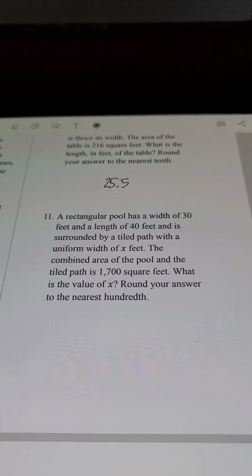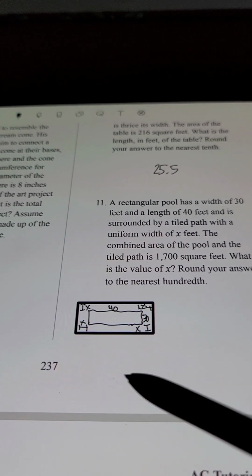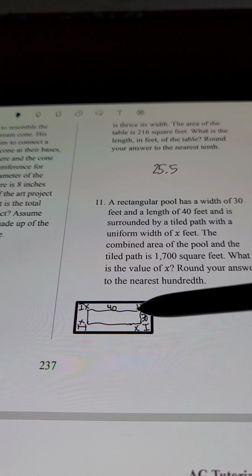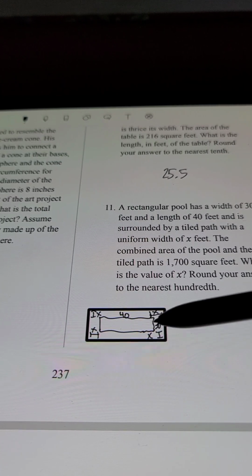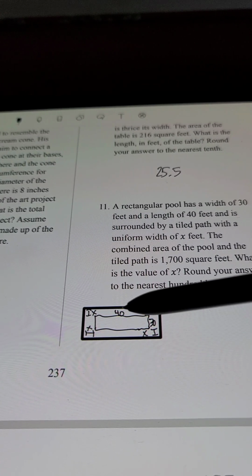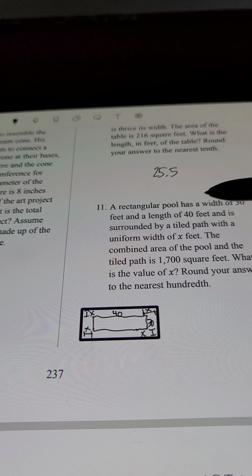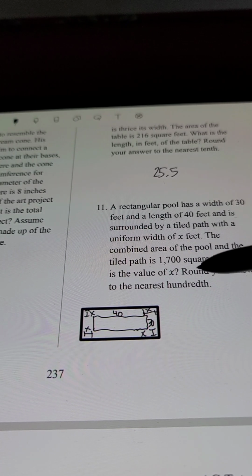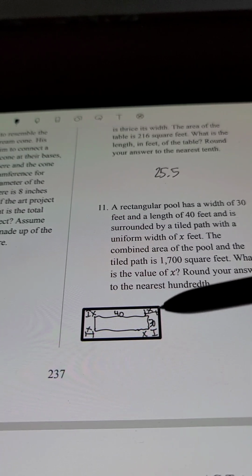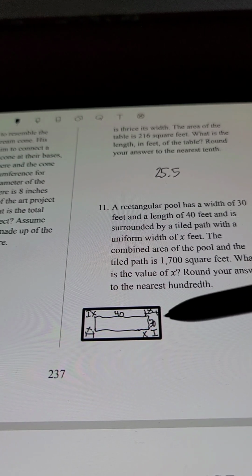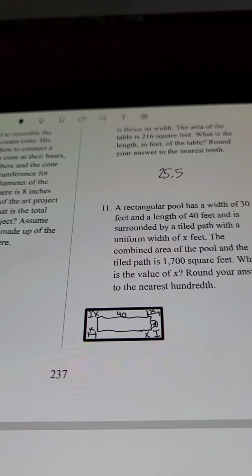Okay, now let's look at number 11. Pause, read if you haven't already. So this is essentially what we have here. I'm trying to draw it to the best of my ability. So like this little rectangle inside is the pool. So it has the 40 and the 30 as the length and the width. And then the uniform width of X feet for the tile path just means every which way that you go around, X is how wide it is.